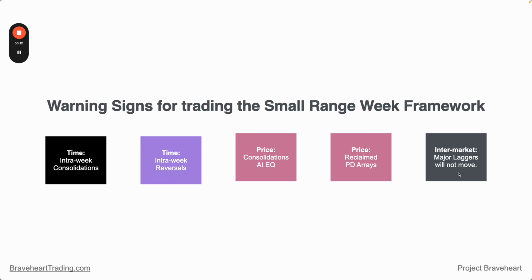And lastly, for intermarket, if you are trading the majors in a small range week for the dollar, just know that if you're trading in the weekly pair, it's not going to move, right? And it's going to stay stuck. So it's best to stay really strict in those situations and stay very nimble.